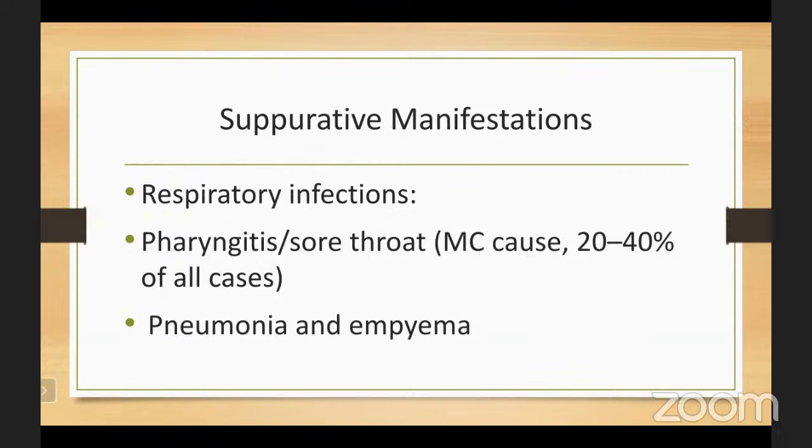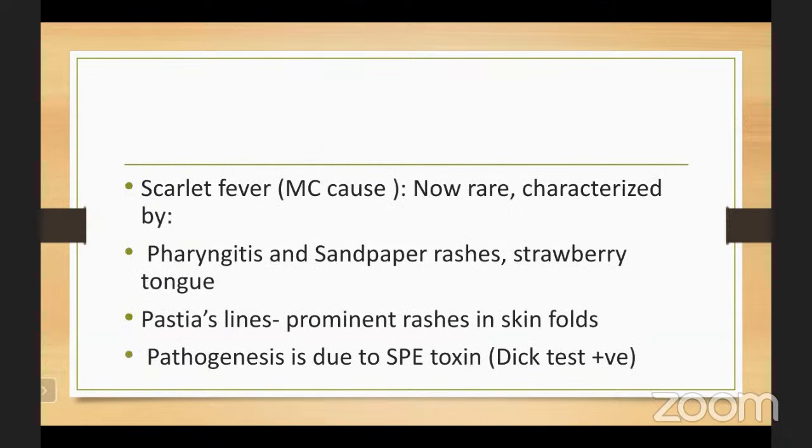Pneumonia and empyema will be there. Next one is scarlet fever. It is rare and is characterized by pharyngitis, sandpaper rash, and strawberry tongue. Pastia's lines are prominent rashes in skin folds. Pathogenesis is due to streptococcal pyrogenic exotoxin, in which the Dick test is positive.